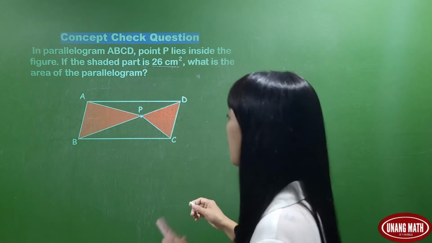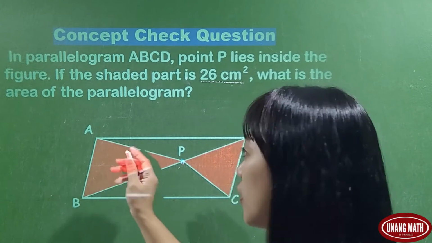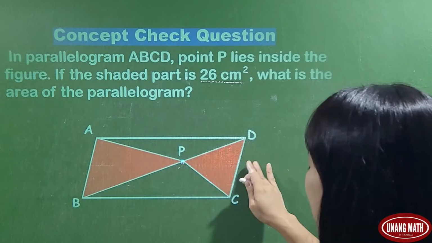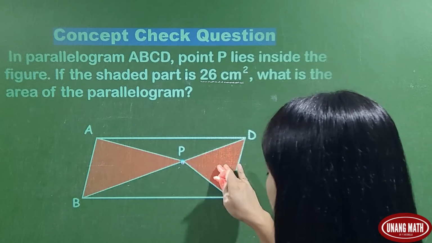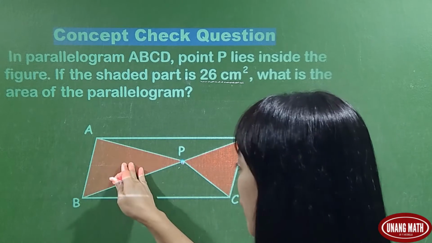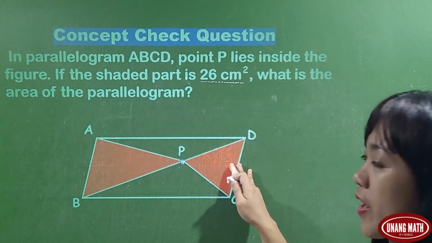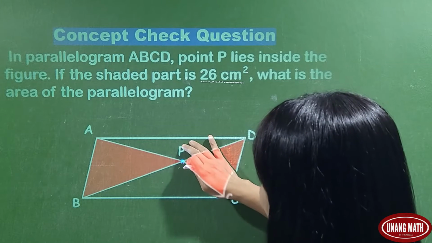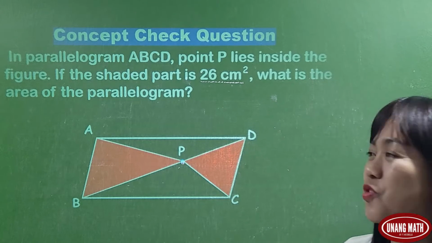Okay, as I mentioned a while ago, if we add the area of this triangle on the left side plus the area of this triangle on the right side, this is equal to the sum of the triangles on the top and the bottom.